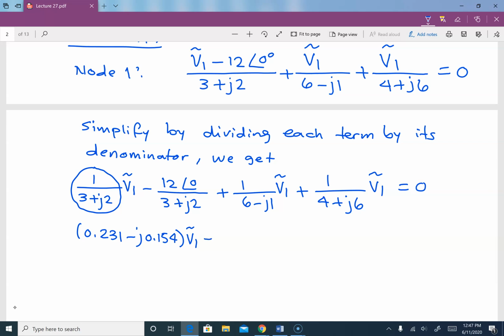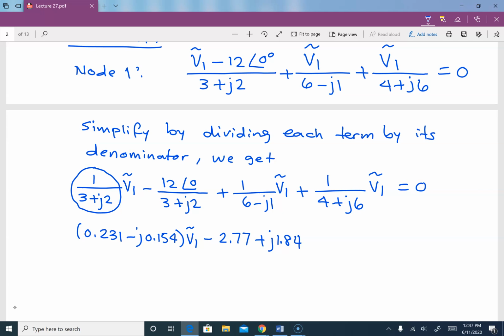Now the second term, I have a 12 with angle 0, which is really 12 since there is no angle, divided by 3 plus J2. 12 divided by 3 plus J2 gives 2.77 minus J1.84.